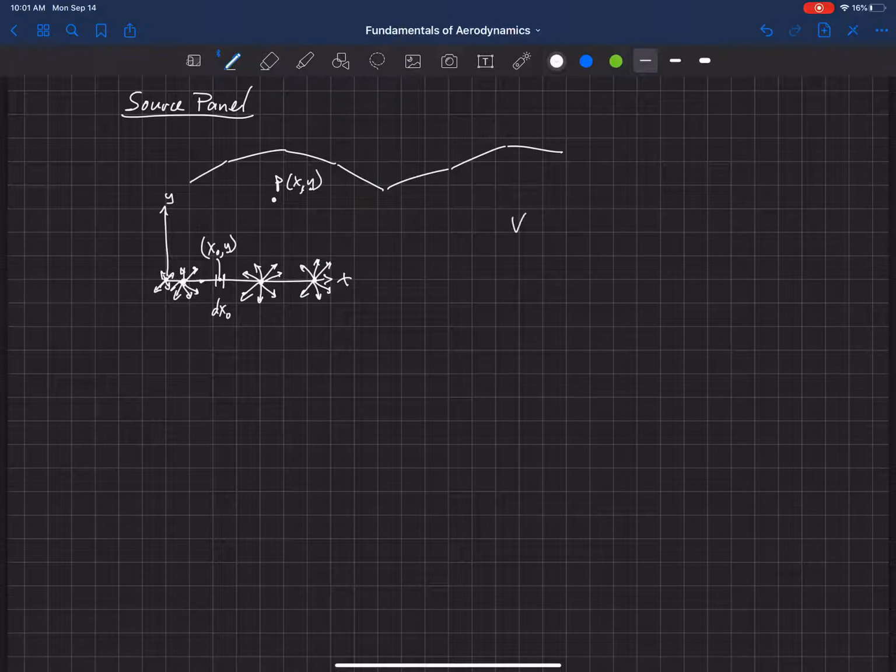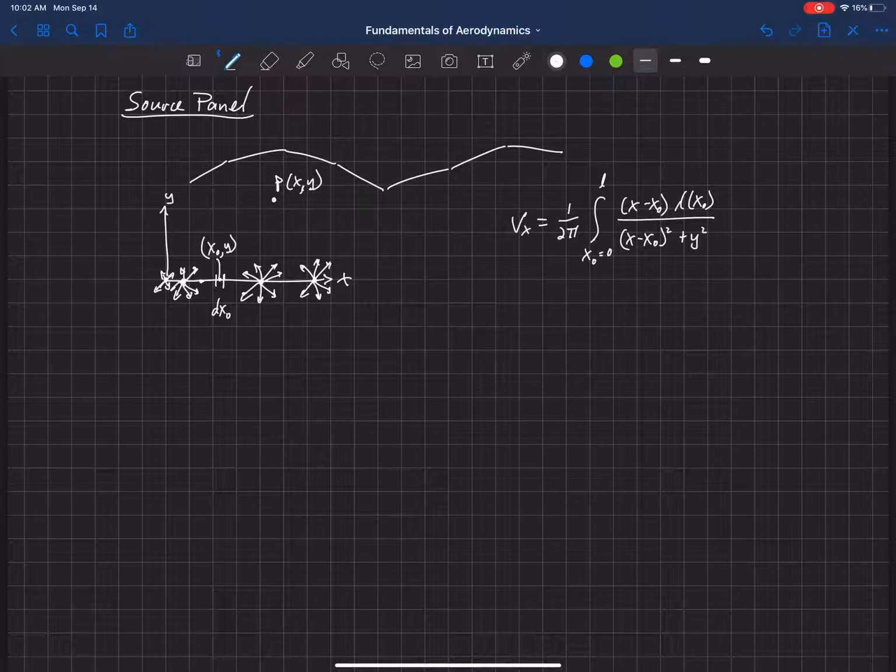And what we'll get is Vx. I won't work through this math, but you can plug this into the equations above and make those simplifications. The velocity in the x direction at that point in space is 1 over 2 pi, integrating from x naught equals 0 up to L, of x minus x naught times lambda at x naught, divided by x minus x naught squared plus y squared, integrated over x naught.